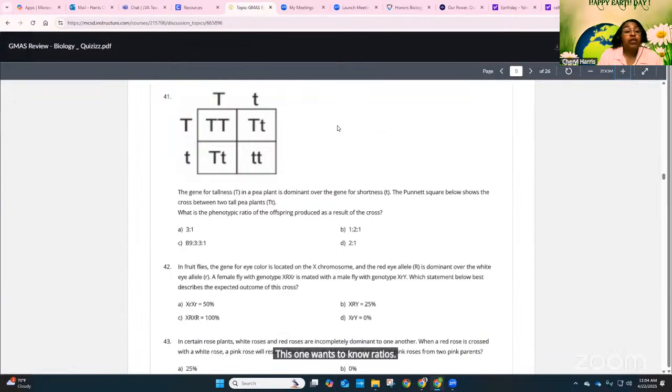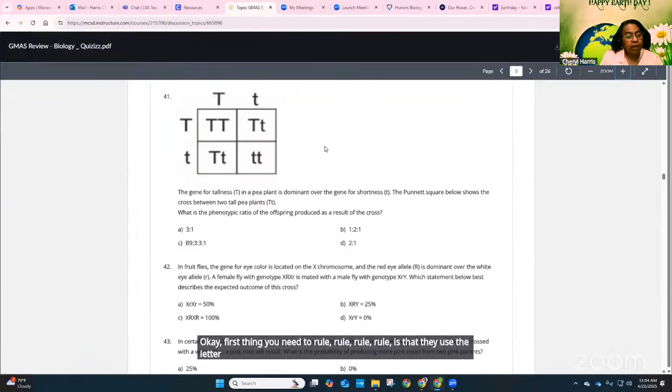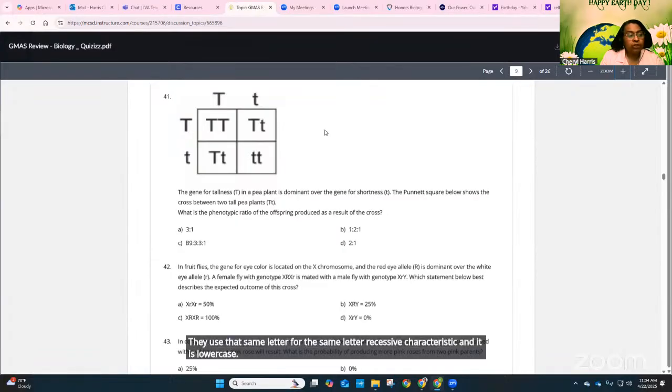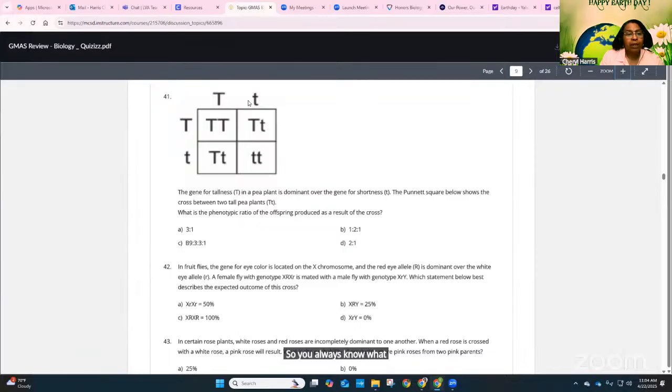Okay, you need to know that in this picture, the rule is that they use the letter of the dominant characteristic and it's capitalized. They use that same letter for the recessive characteristic and it is lowercase. So you always know what is the dominant by looking at the capital letter.